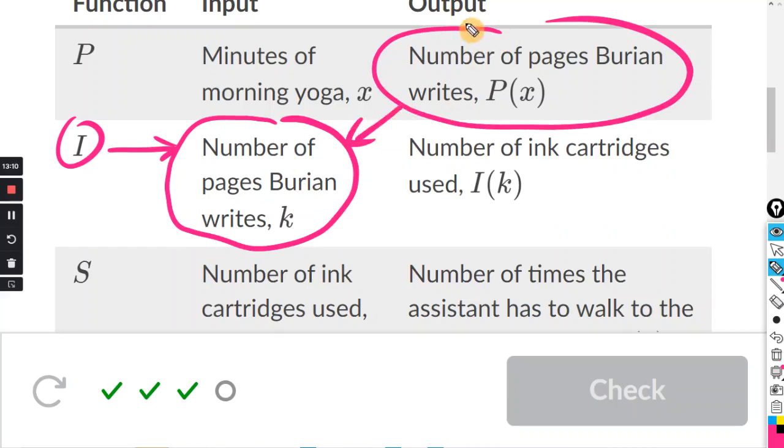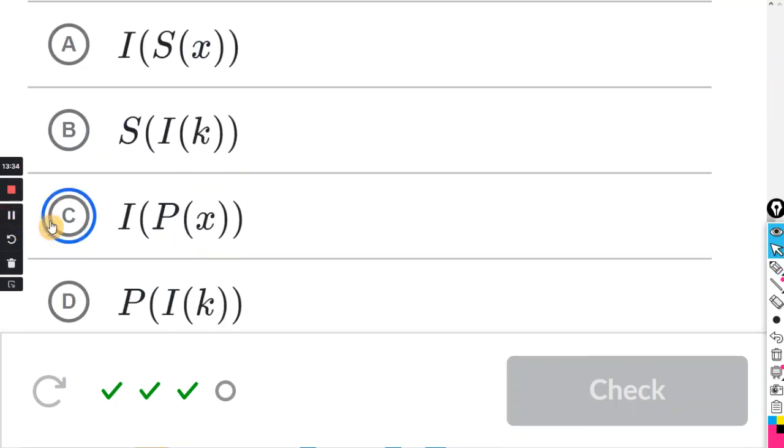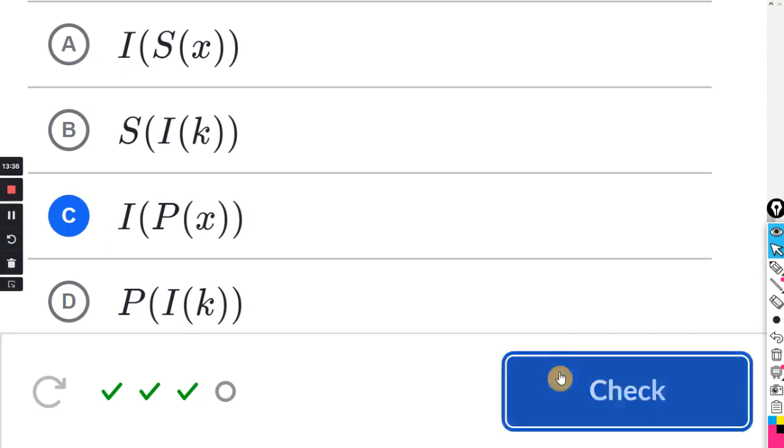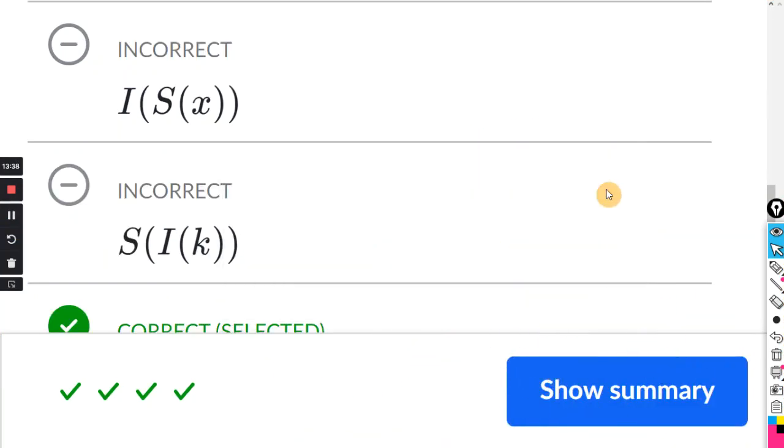So this output gets plugged in here. So it's going to be I of P of X. Output, input. I know it looks reversed because you're plugging in X to get P of X, and then you're taking that and plugging it in here. So it's going to be I of P of X.